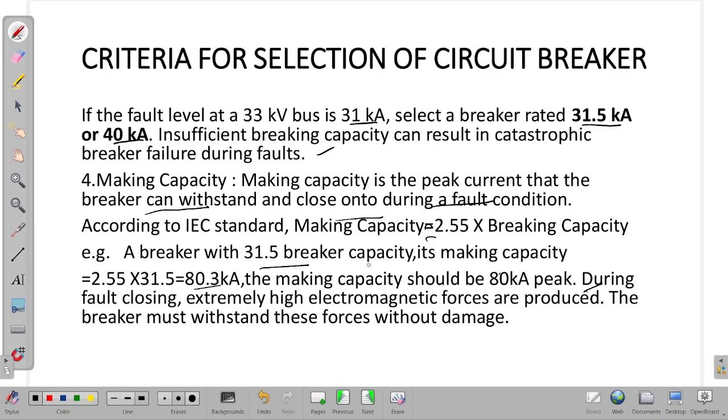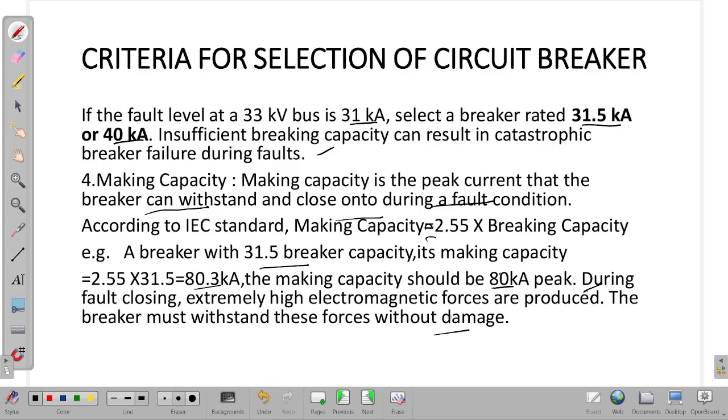The making capacity should be about 80 kiloampere. During fault closing, extremely high electromagnetic forces are produced, and the breaker must withstand these forces without damage.